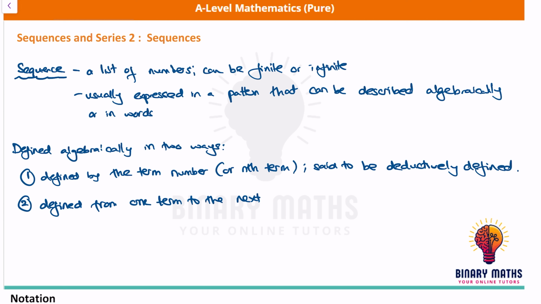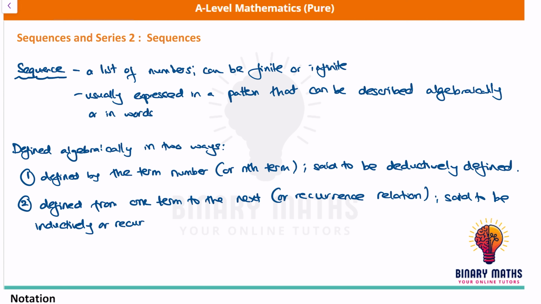This is called a recurrence relation, and this is said to be defined either inductively or recursively.